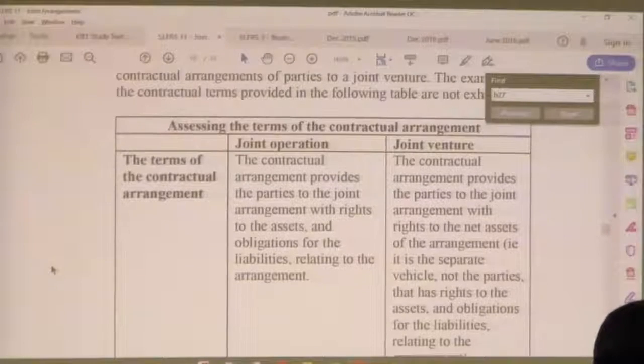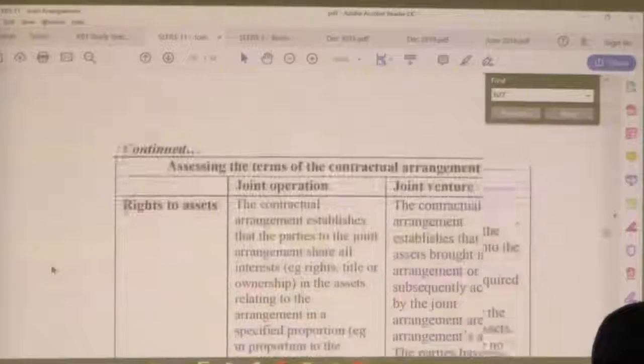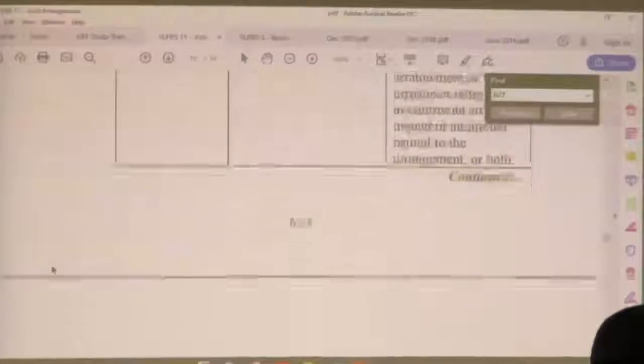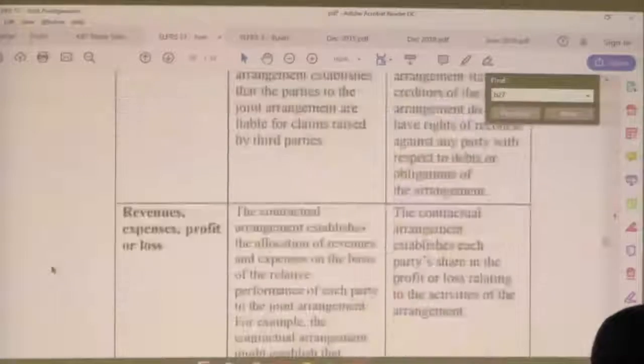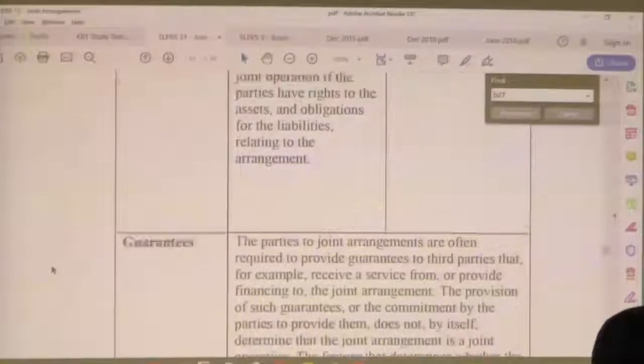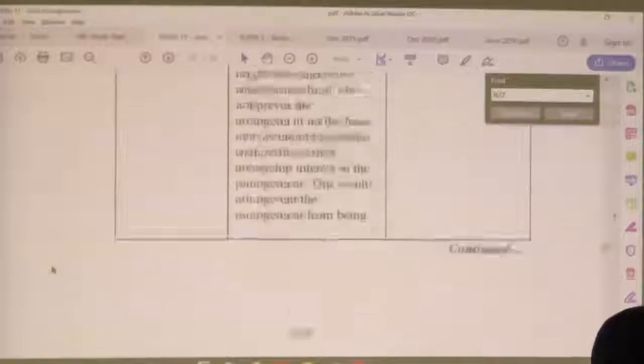What are the terms? Terms of contractual arrangement, rights to the assets, obligation to the liabilities, and revenue, expenses or profit or loss, guarantees. So these factors you have to consider when you differentiate joint venture from joint operation, right?